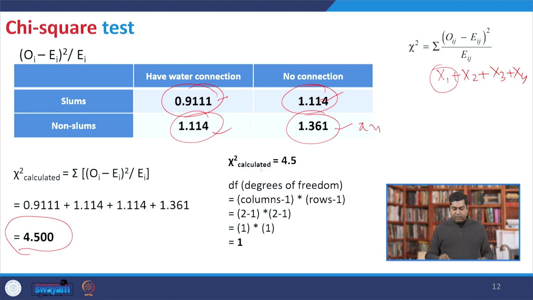Now we have to calculate the degree of freedom and check the corresponding critical value from the chi-square table. The degree of freedom is normally calculated as column minus 1 multiplied by row minus 1. Here we have 2 columns and 2 rows, so 2 minus 1 into 2 minus 1, so 1.